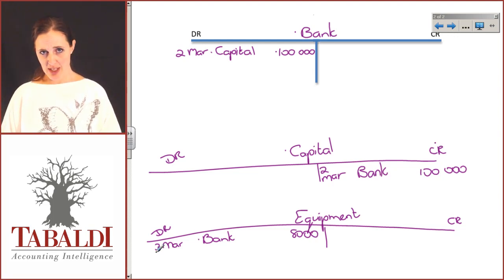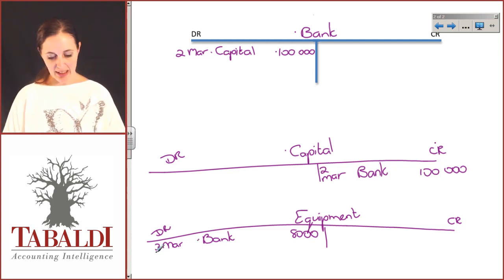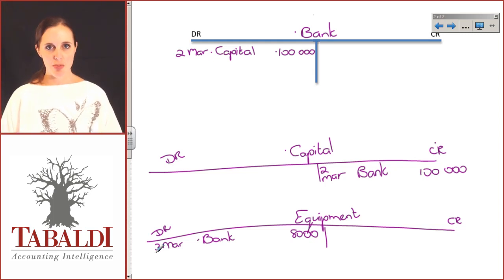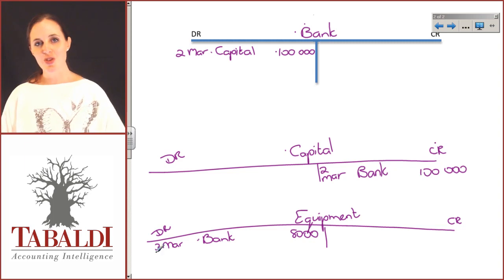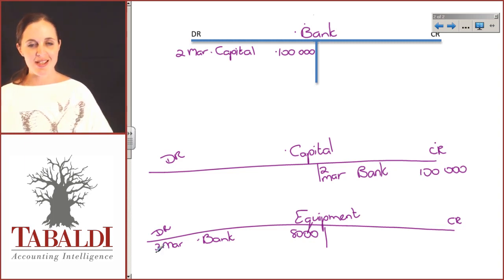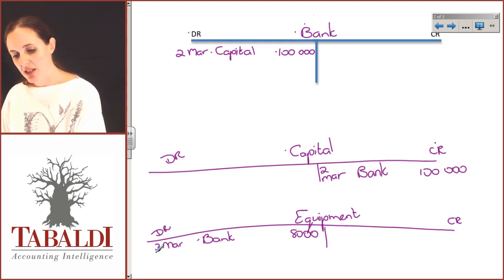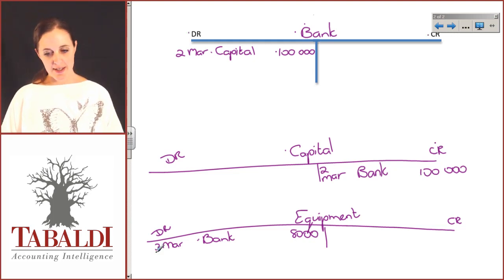Now, one of the things we could say is, well, if every debit has a credit, then surely if I've debited the equipment account, then the credit must be in the bank account. So this is what we look at as well. When we look at the bank account, would that be right? Or are we just going to put it in credit? Well, let's see. Bank is an asset. An asset increases on the debit side and decreases on the credit side.